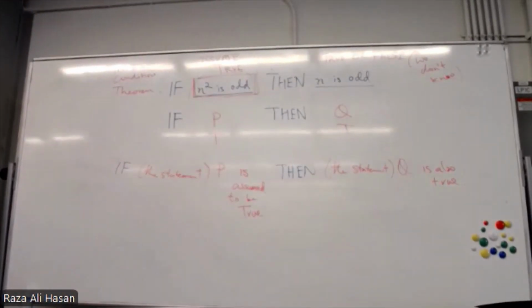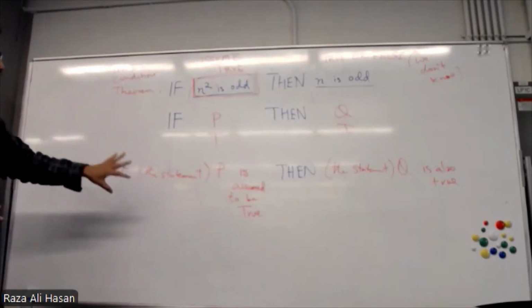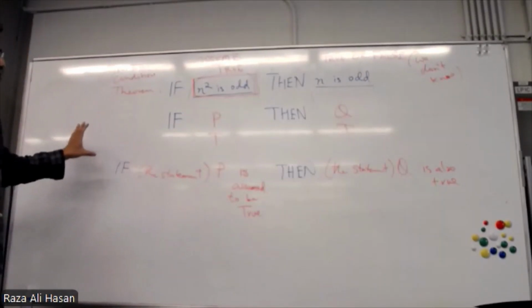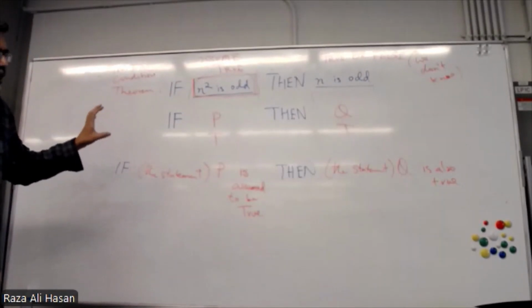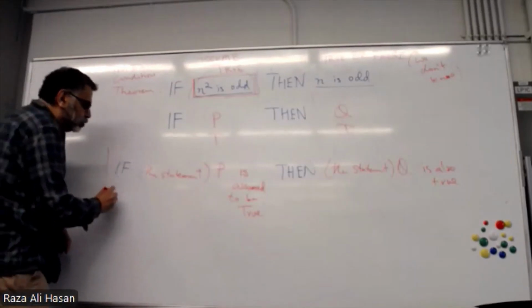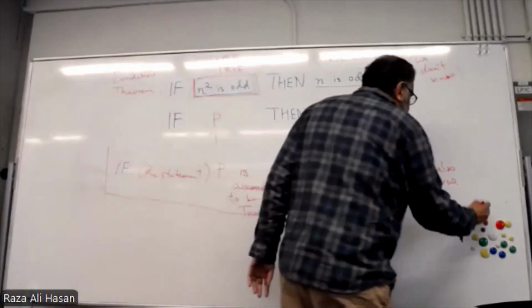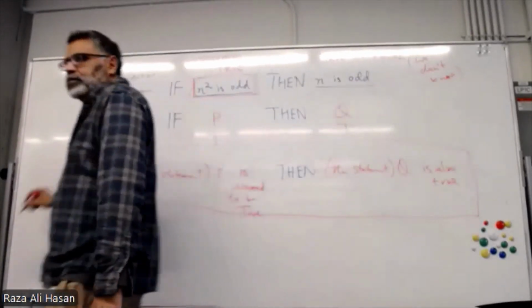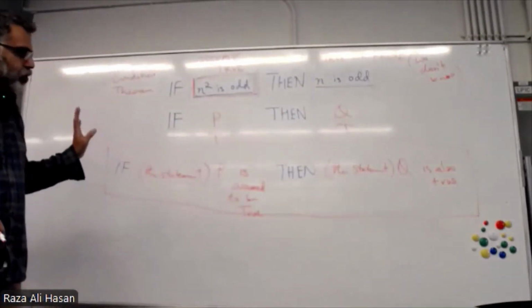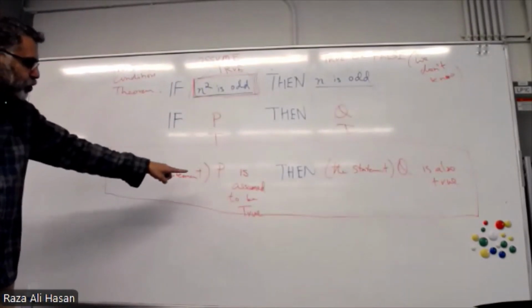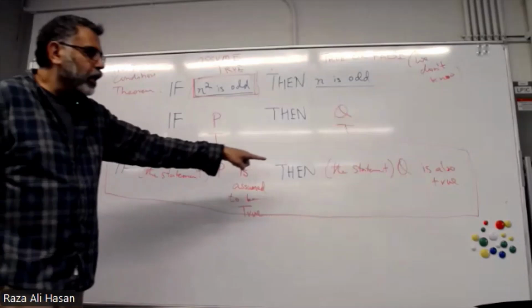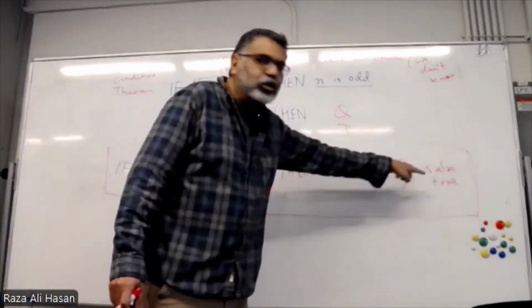Okay, so let me back up, and I've been messing up. This is the initial condition. When you see an implication, the implication is saying this. It's saying that we have assumed P to be true and Q is also true.